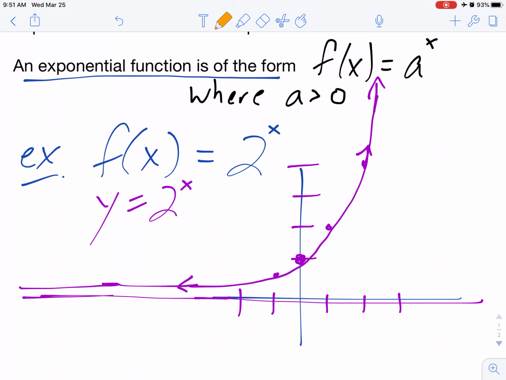And again, if we change this 2 to 1/2 to the x power, the graph ends up getting smaller as you go to the right. It gets cut in half every time. And if you remember back from our translation section, we could shift this thing up, down, left, right. We could reflect it, etc.